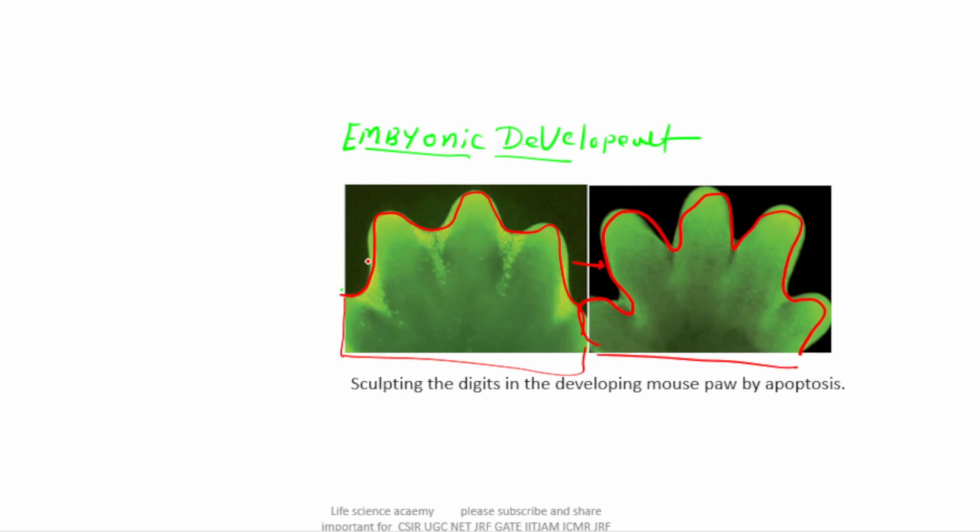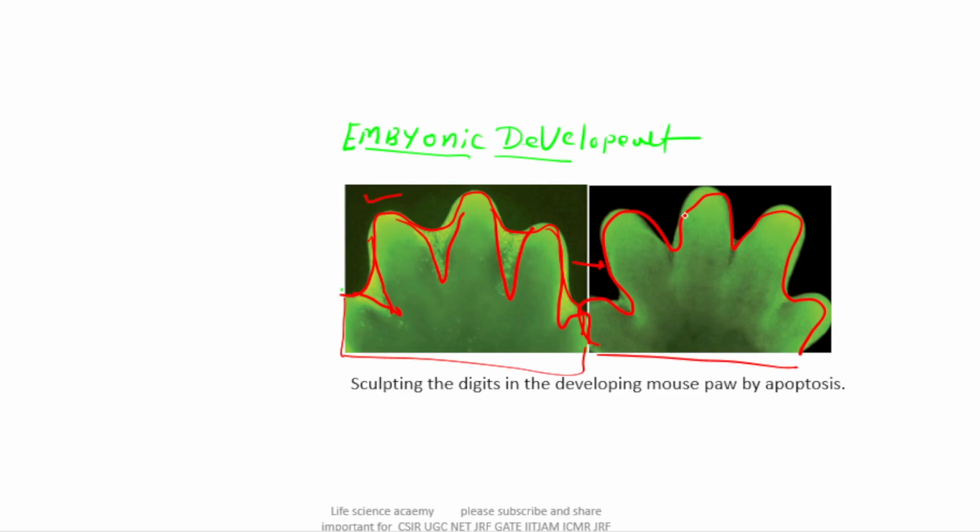Here cells die. Here cells die. In this region, cells die and it becomes more appropriate looking like this. You can imagine, friends, if your hand looked different, it would look inappropriate.